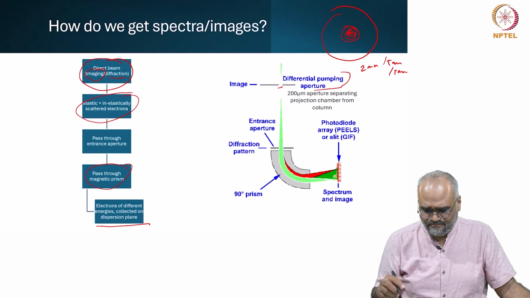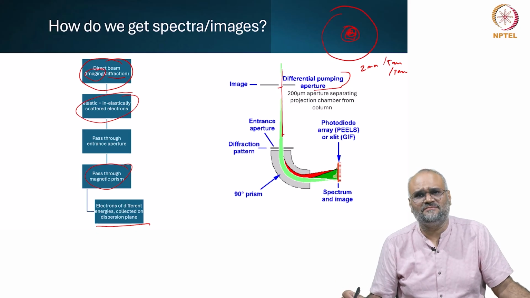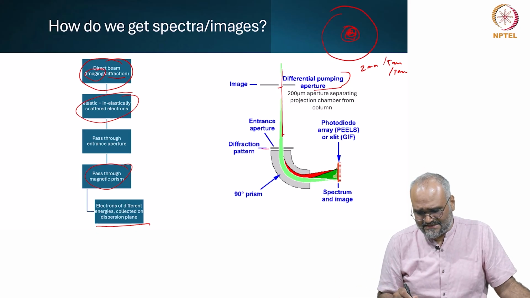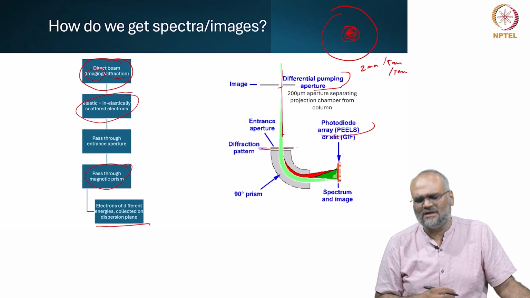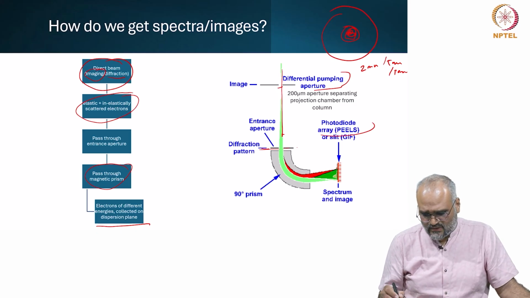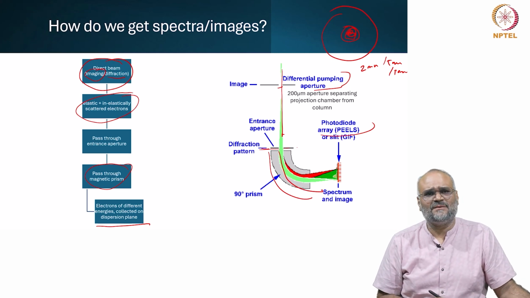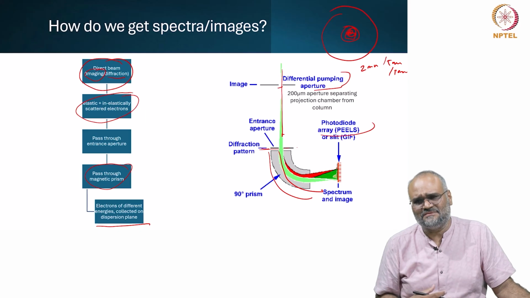So once the forward scattered electron goes through the entrance aperture, you are collecting this either at the diffraction plane, and you have a series of photodiodes, or nowadays we have the CCD camera, and once it passes through the prism, which is oriented at 90 degrees here, it is typically a magnetic prism.